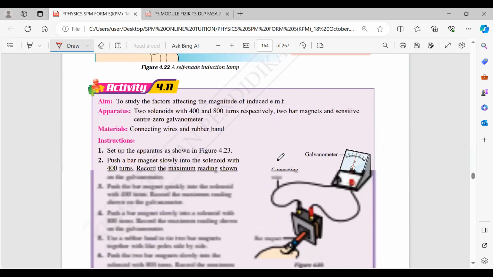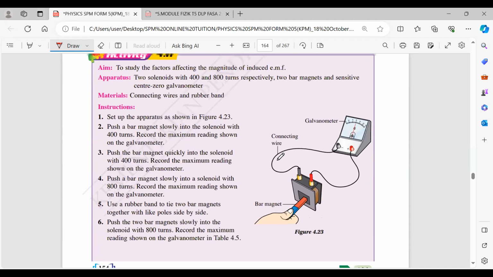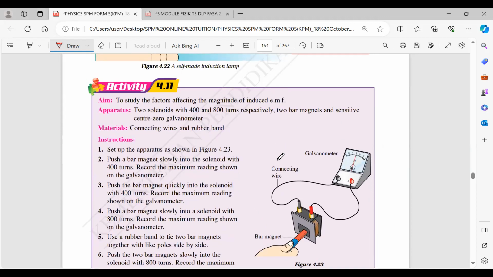Okay, so generally, it comes back to the observation just now. This is to study the factor that affects the magnetic field. We can use two solenoids of a different number of turns, then we can analyze. As we discussed, the number of turns has an effect.